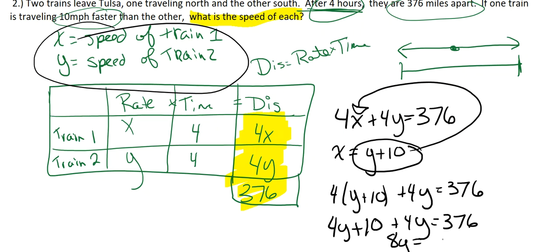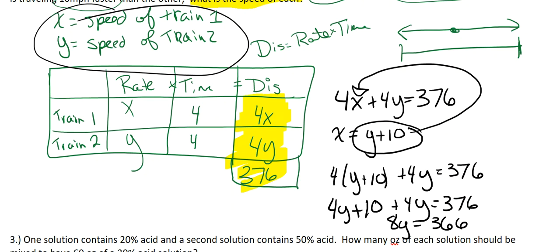8y equals 366. Made a slight mistake here. That should be a 40. So then when we subtract it over there, it's going to be 336, so y equals 42.